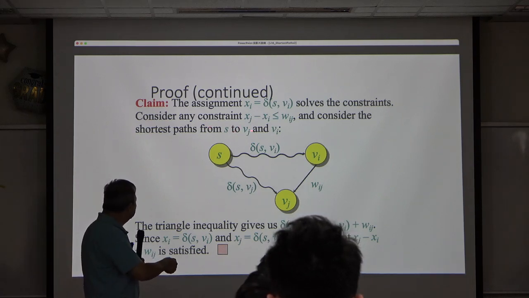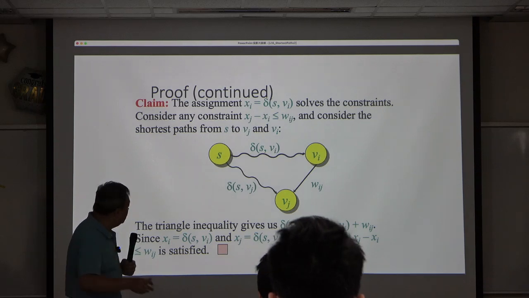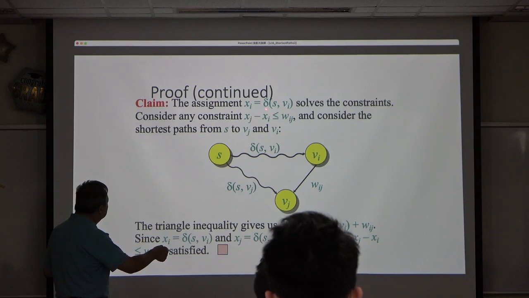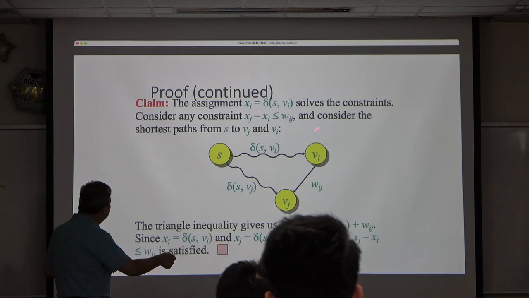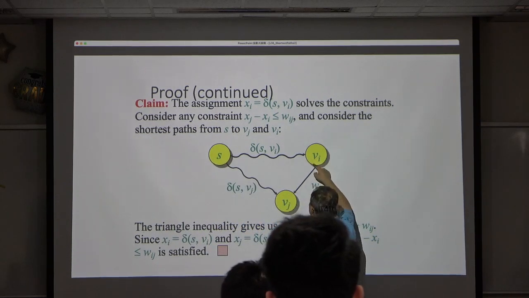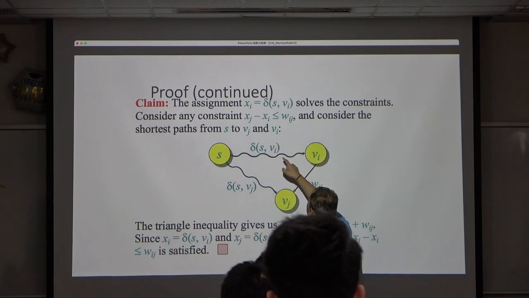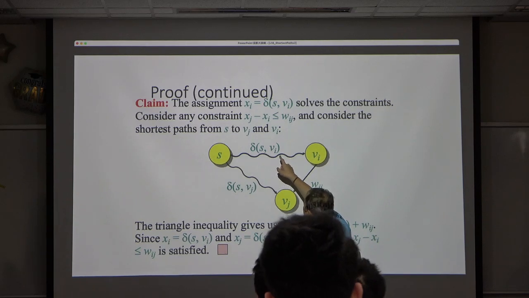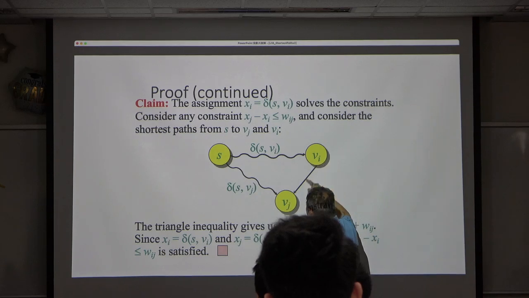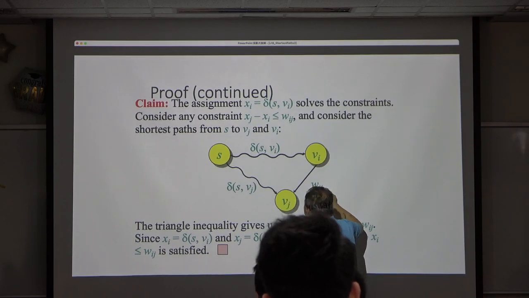If we consider any constraint, say xj minus xi smaller than or equal to Wij, it is shown here. We have Vi representing xi, Vj representing xj, and we have an edge from Vi pointing to Vj with weight Wij.